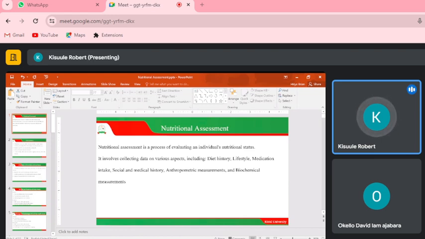For the nutrition assessment, we are saying this is a process of evaluating an individual's nutrition status, and we have the different categories of nutrition status.